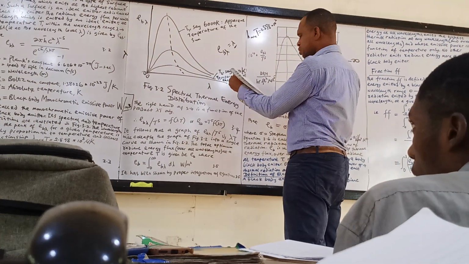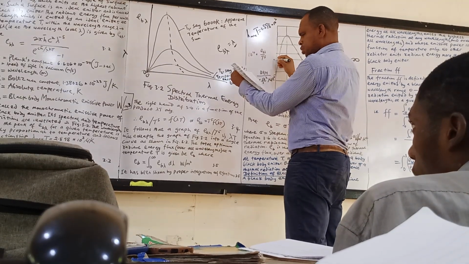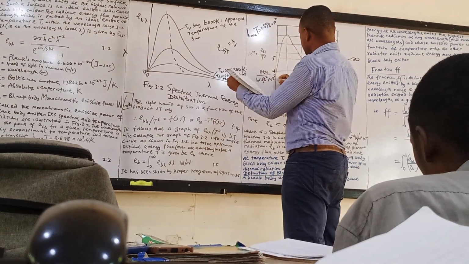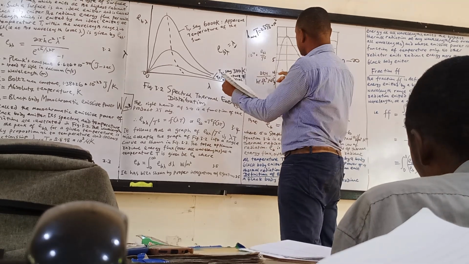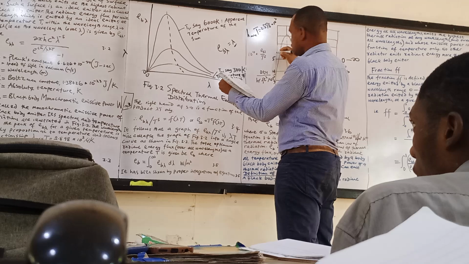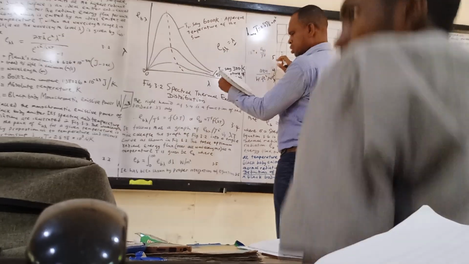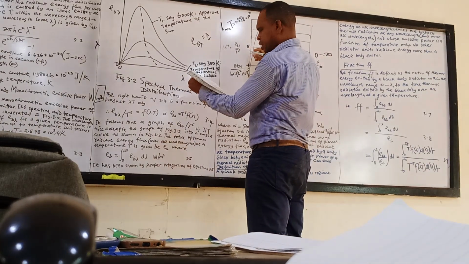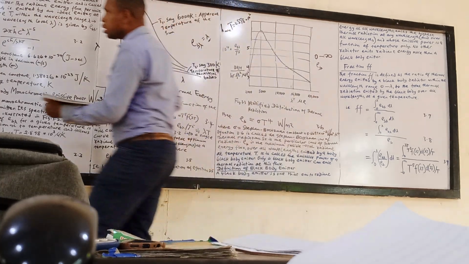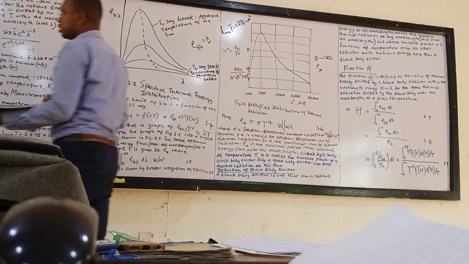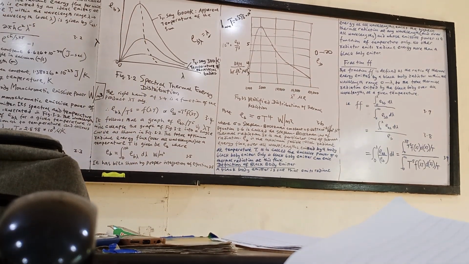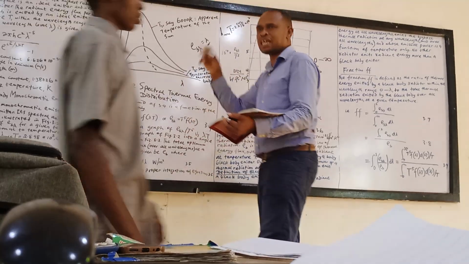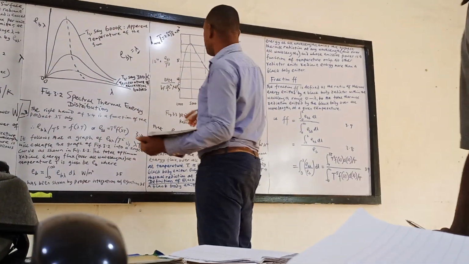This place should be 5, this place should be 4, and this place, let's say 3. From 0.78 to 25 microns.